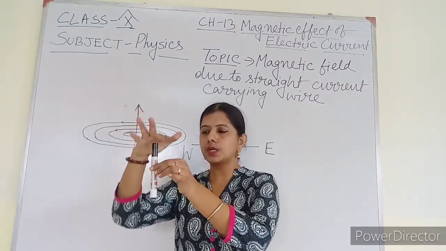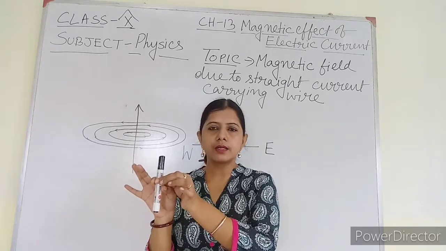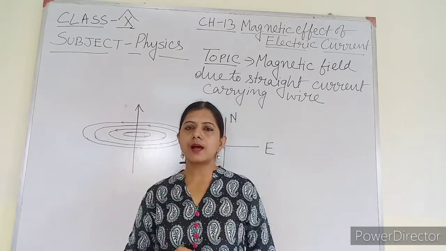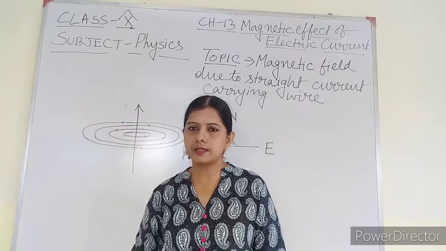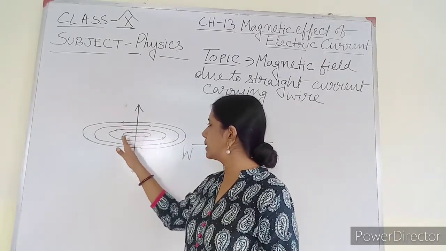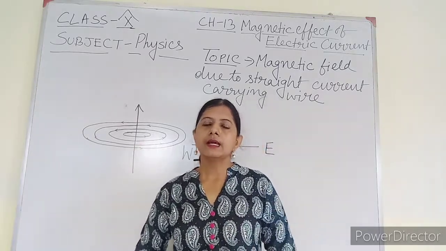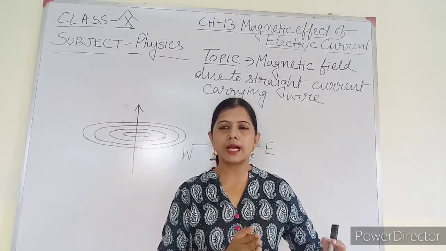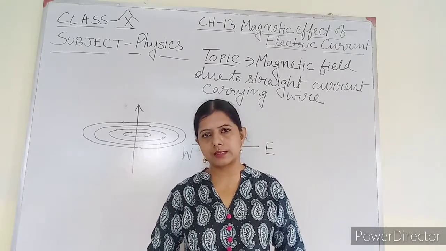If I put a cardboard with a hole over it, and then sprinkle some iron filings on that cardboard, I will find that the iron filings arrange like this. The iron filings arrange like concentric circles, concentric rings. So I can say that a straight current carrying conductor produces magnetic field lines which look like concentric circles.